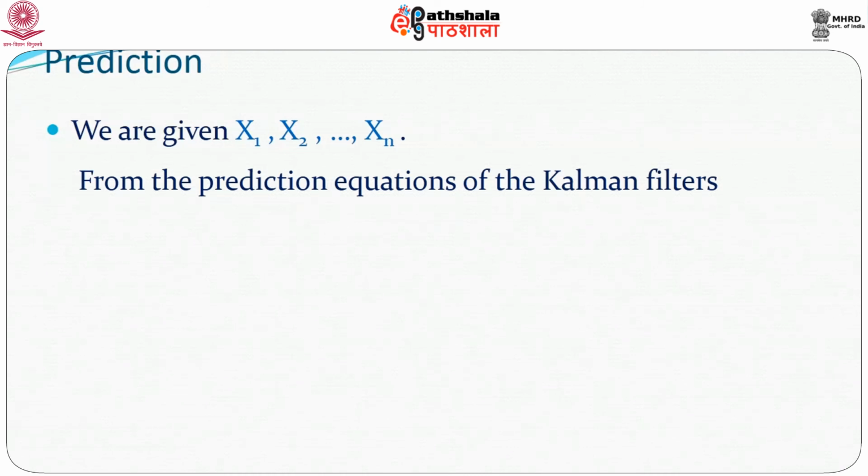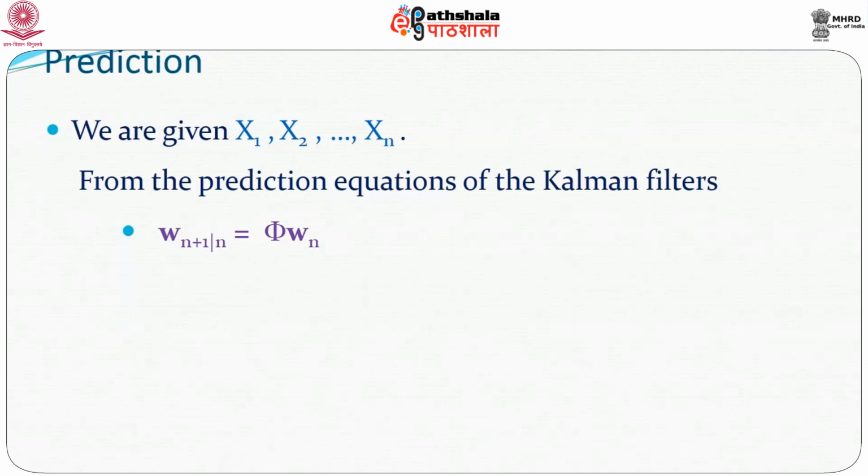From the prediction equations of the Kalman filters, we can predict the latent vector w(n+1) given w(n) as phi times w(n). So given the n observations, we know w(n), and phi times that vector is the predicted value of w(n+1), which we denote as w(n+1|n).